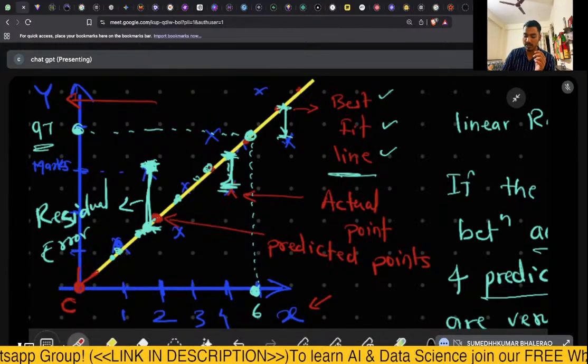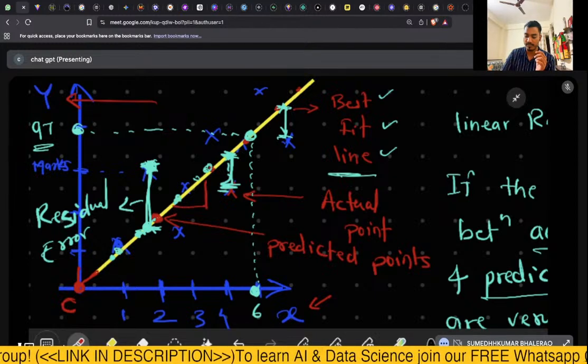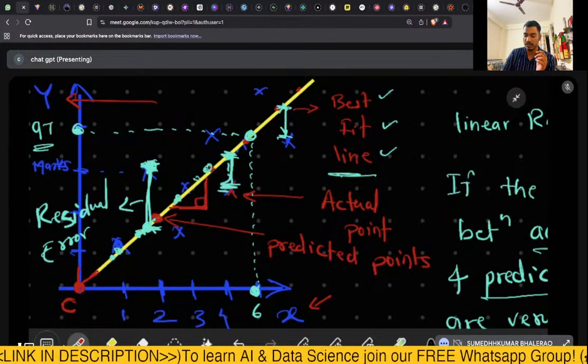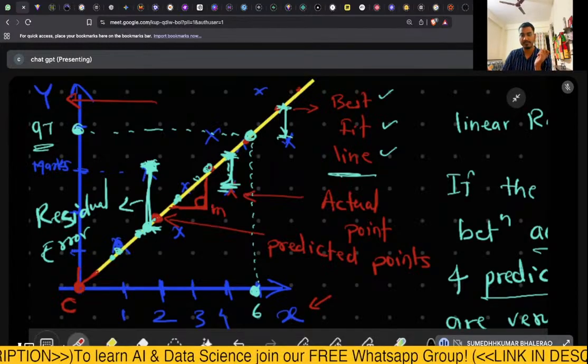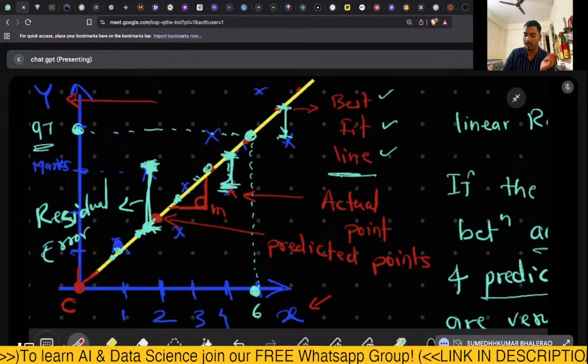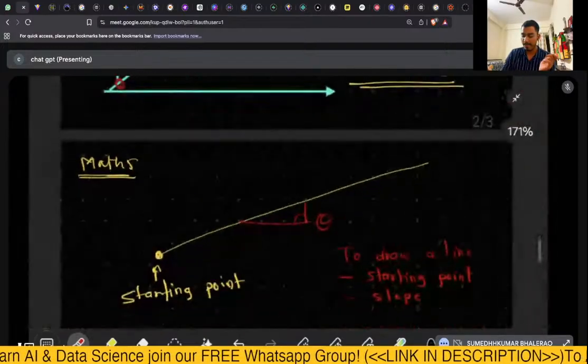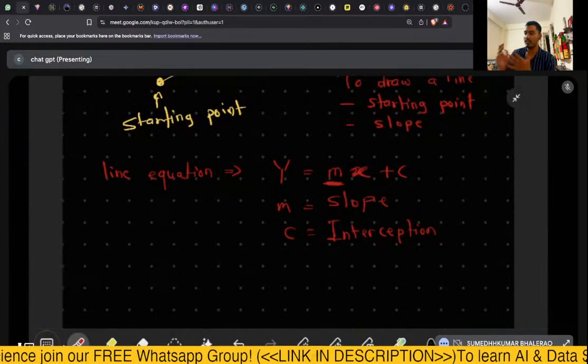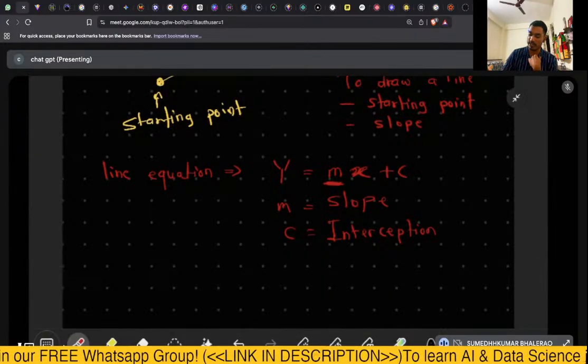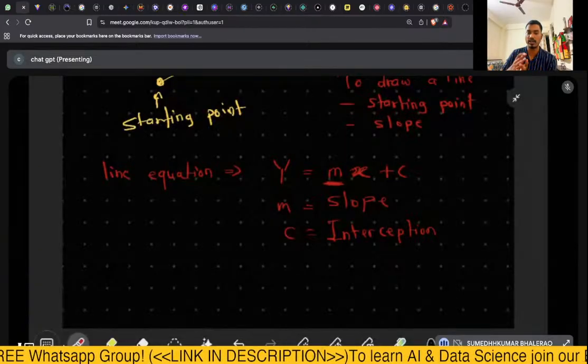And this is my slope, so this will be my m. Everyone got this formula? y equals mx plus c is my final formula which calculates how I can draw the line on x and y axis.